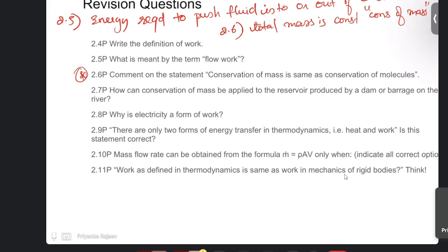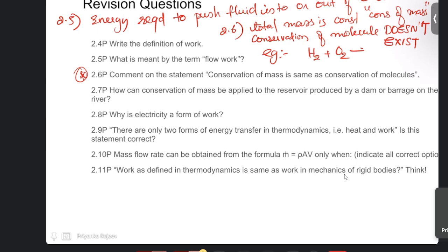For example, conservation of molecules does not exist. Why? Example: you have hydrogen plus oxygen giving water. This is how you balance the equation.